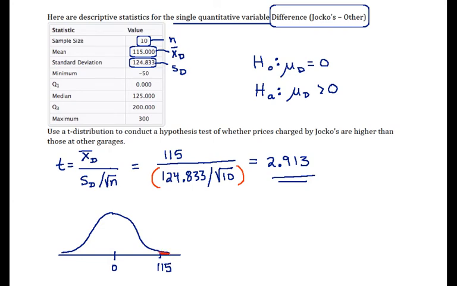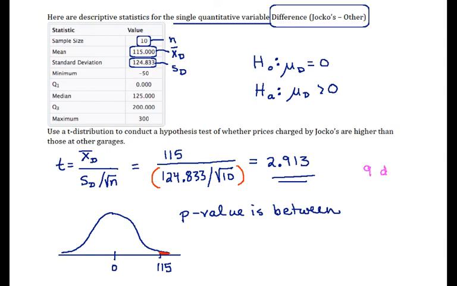So for the p-value, we can either use table A or StatKey. Let's go ahead and use table A. The p-value is between, let's see what two values it's between. So first of all, to go into table A, we need a degrees of freedom. There are 10 data values, and therefore n minus 1 is 9.